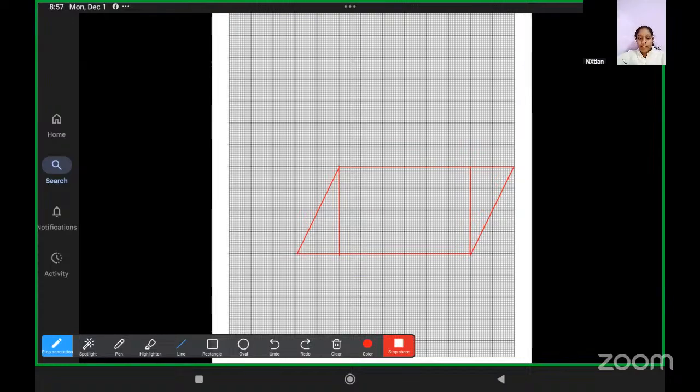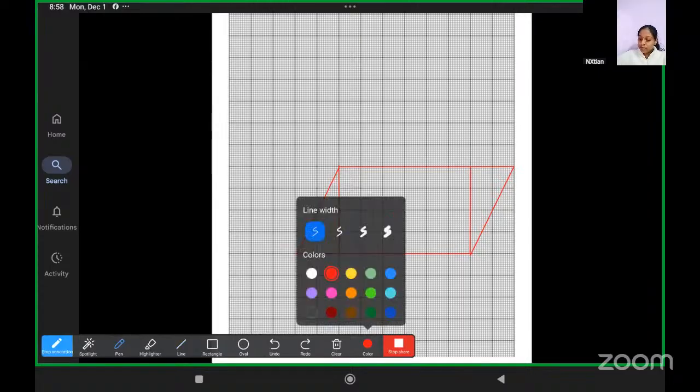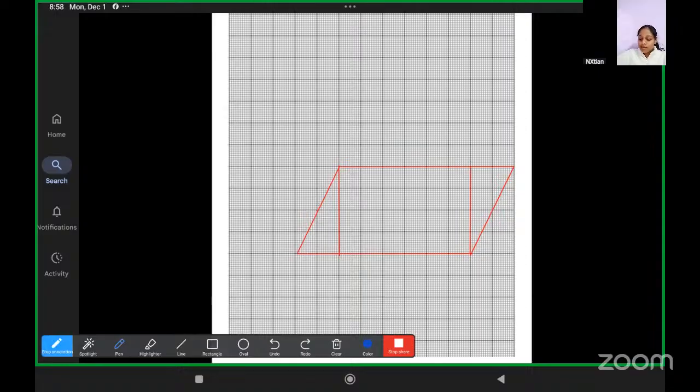Okay, so this is my parallelogram, and this is D, A, B, and C. Okay, A, B, C, D. Now going to name these points P and this point Q.